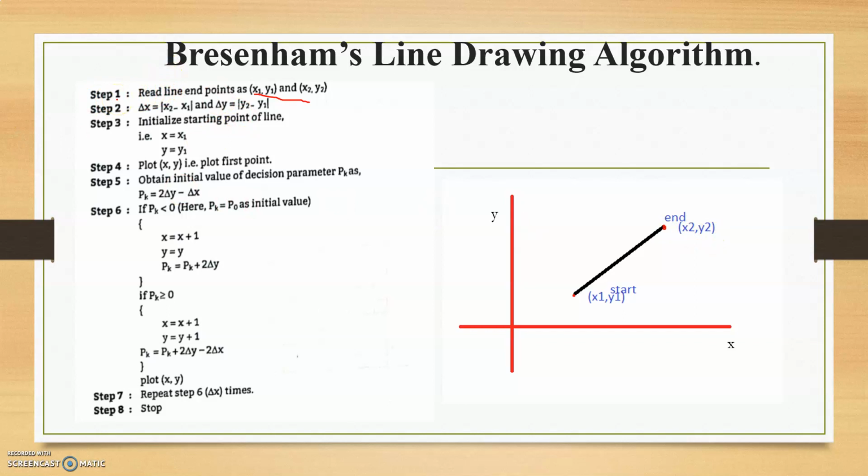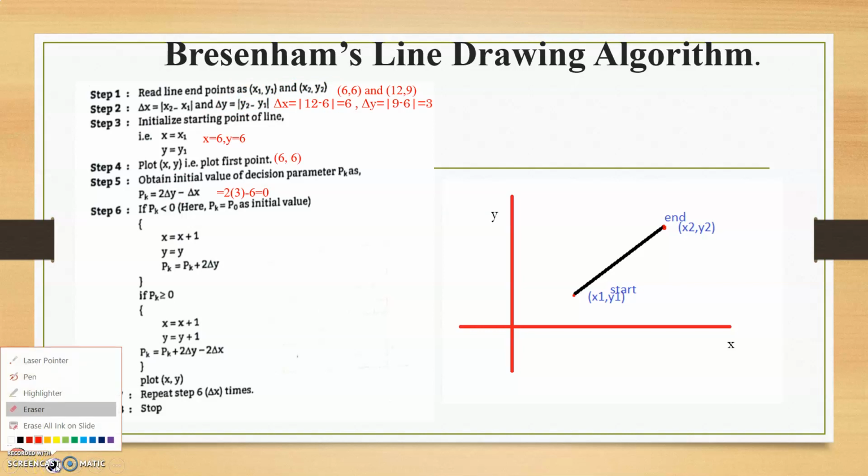So your step 1 is: read the line endpoints as x1, y1 and x2, y2. Here your starting point x1, y1 is 6, 6, and the ending point x2, y2 is 12, 9.